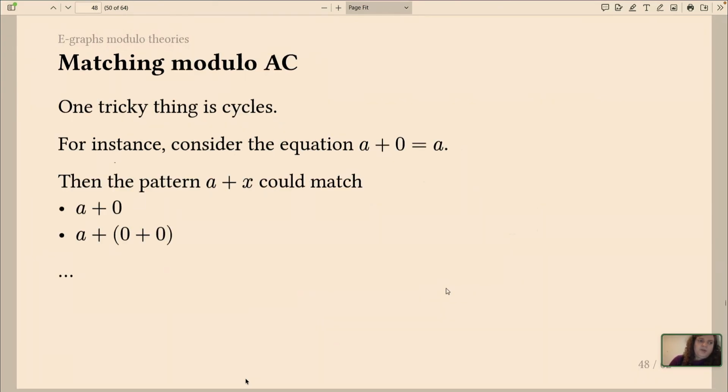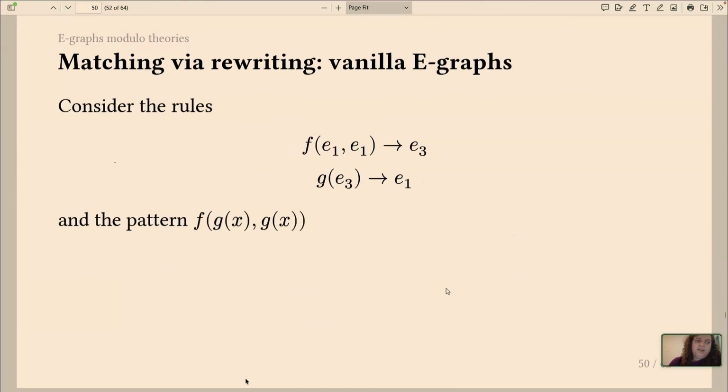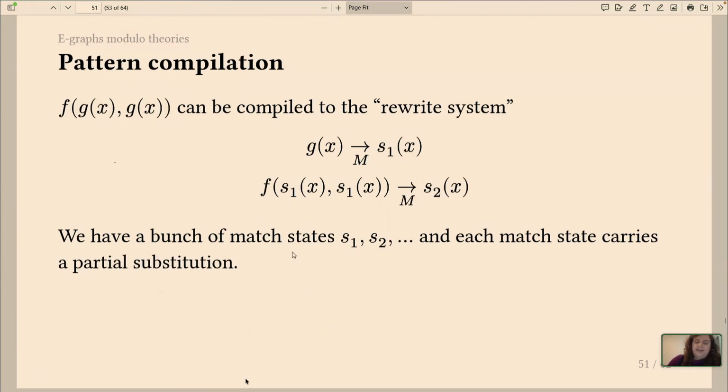I'll skip over this quite quickly, but you can think of matching as kind of like a rewriting problem, right? If this is our eGraph, for instance, and we have this pattern, there's a way to think of the pattern as its own sort of weird rewrite system. And we don't even need to think of it as a rewrite system. It's just a relation. What we are doing is interleaving the relations in a certain way.